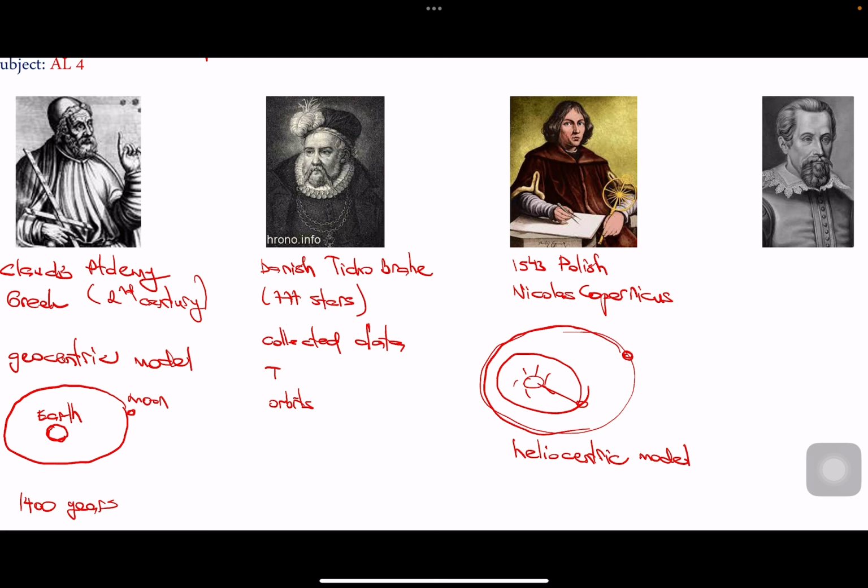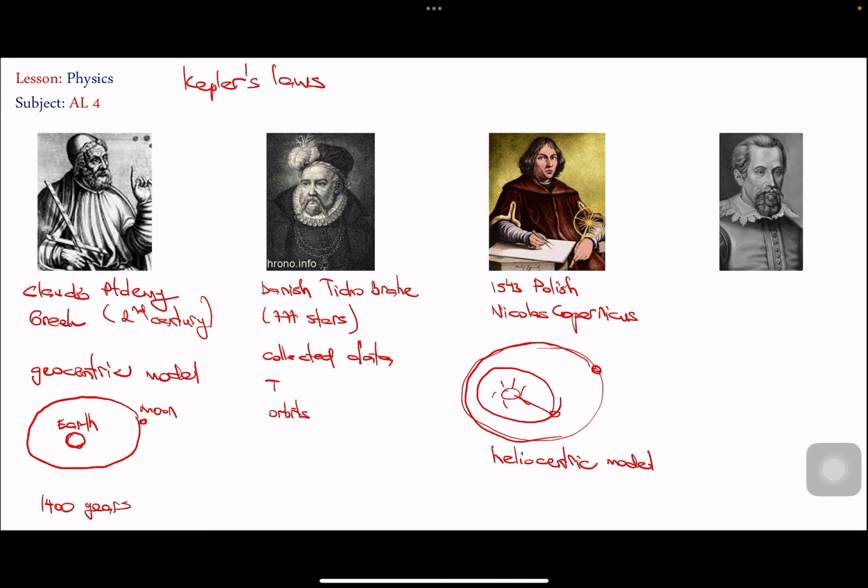But his data were not enough to make some formulas. So his student, German astronomer Johannes Kepler, used his teacher's collected data and made calculations for about 16 years.